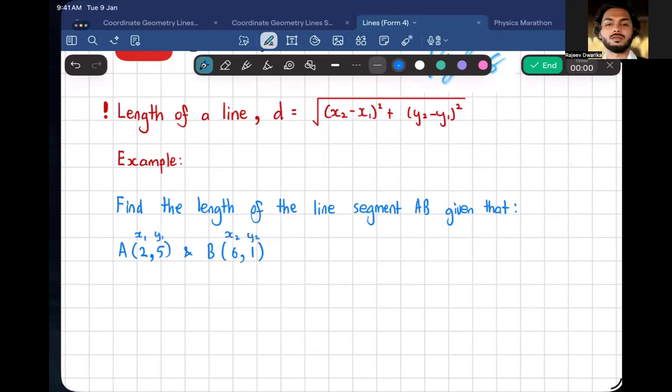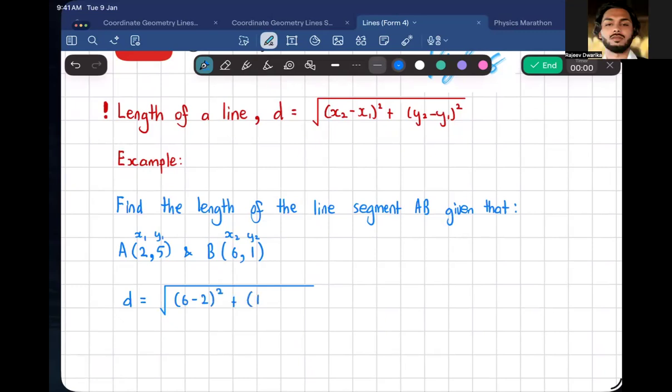Nice. Vanessa, tell me, what am I going to plug in? How am I going to plug this in to find the distance of that line segment? Okay, so basically you put the 6 into x2 and the 2 into x1 and the 1 into y2 and the 5 into y1.